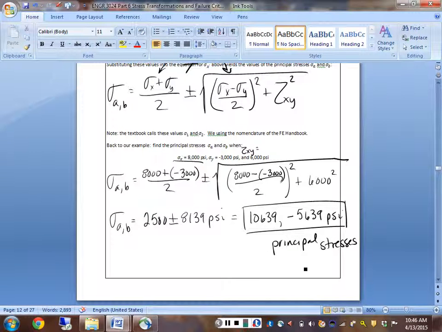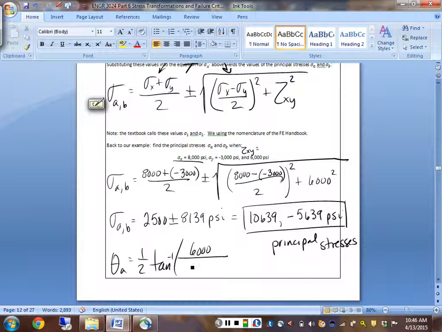Mm-hmm. And if I rotate through this angle, and I haven't figured out the angle yet, let's figure out the angle. Where does that happen? It happens at theta A, which is 1/2 the inverse tangent of, what do I put in? Tau over the difference divided by 2, and that ends up being 23.75 degrees.